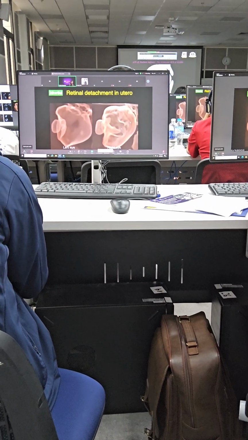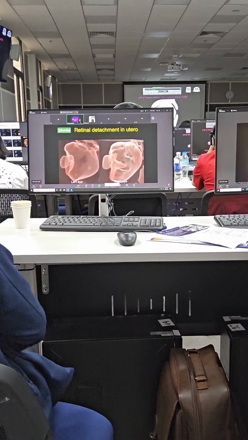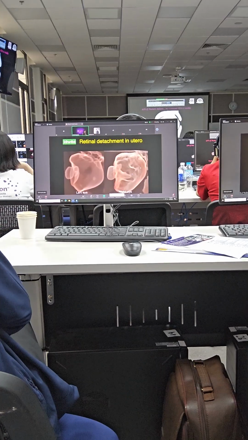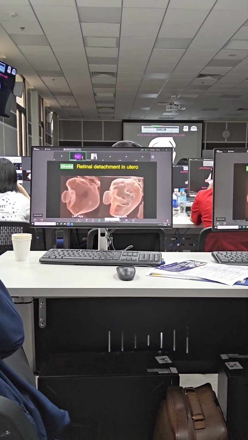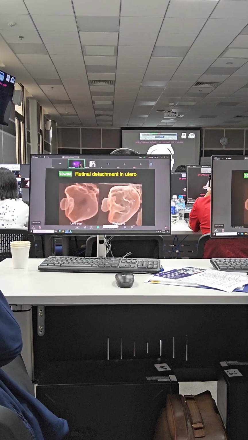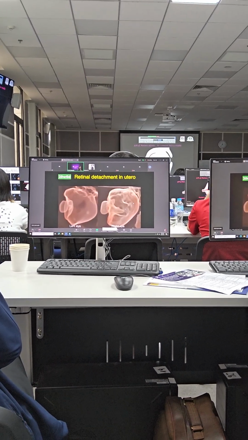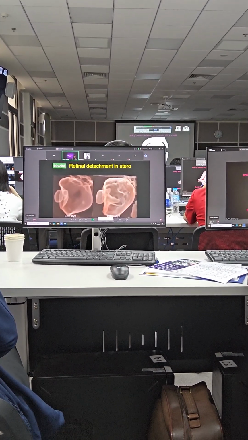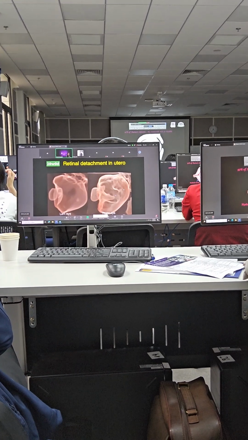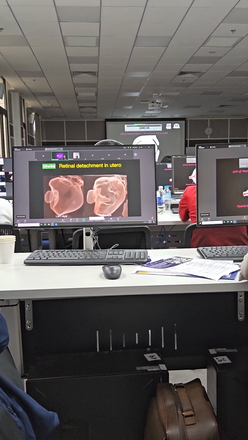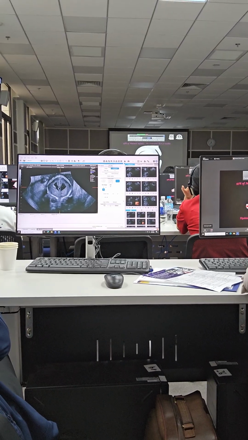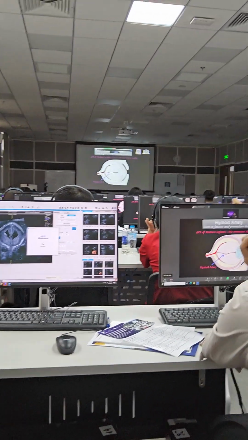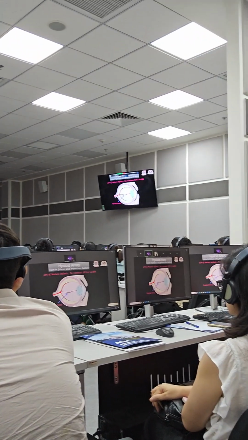Now, the last topic, the hyaloid artery. This is the hyaloid artery, this one. But most of the pediatricians don't know the hyaloid artery. Why? Because the hyaloid artery disappears at around 30 weeks of gestation.